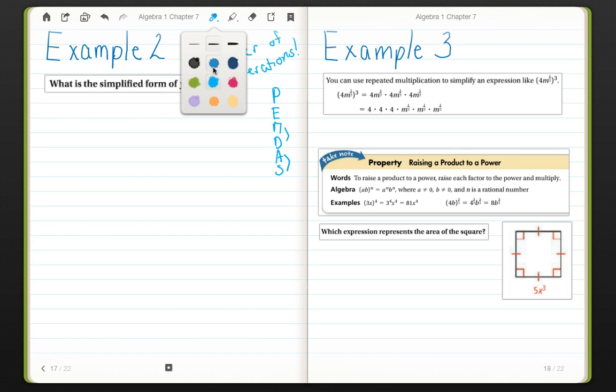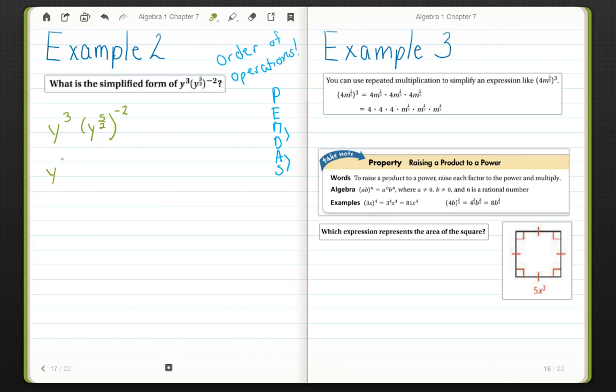So what is the simplified form of y cubed times y to the 5/2 raised to the -2? You are not multiplying y to the 3rd and y to the 5/2 first. You're going to do the exponents first.